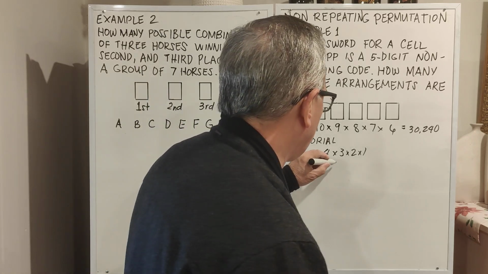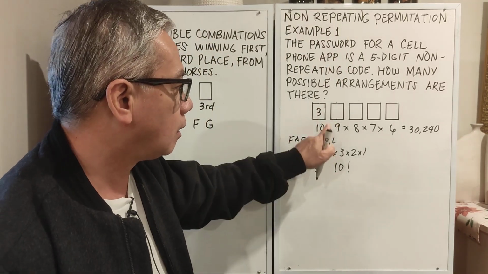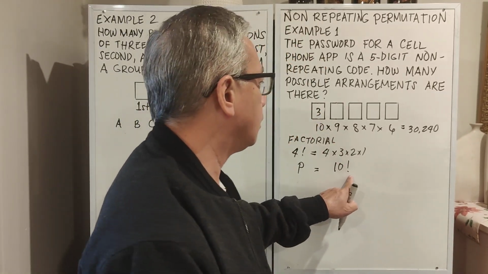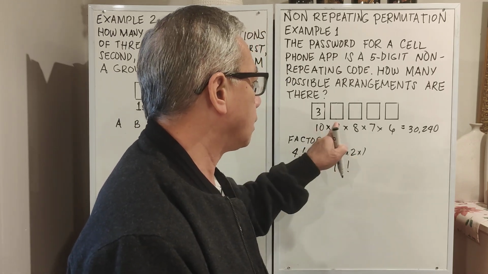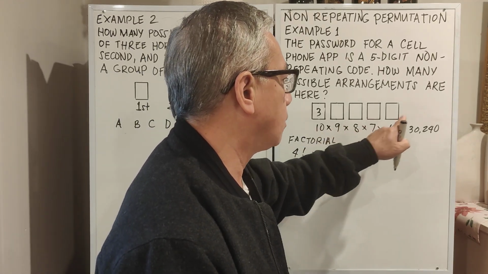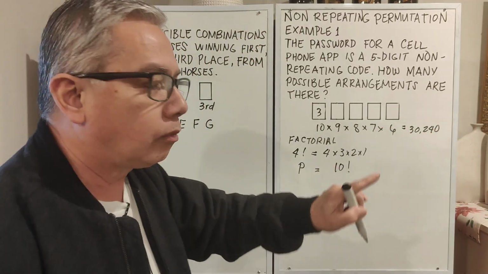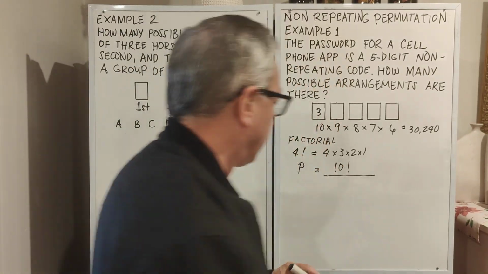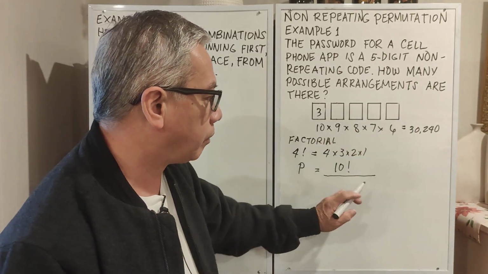So we'll use 10 factorial as the top, the number of combinations, but this would entail that this will be 10 times 9 times 8 times 7 times 6 times 5 times 4 up to 1. So we want to remove that. In order to remove that, we have to put 5.